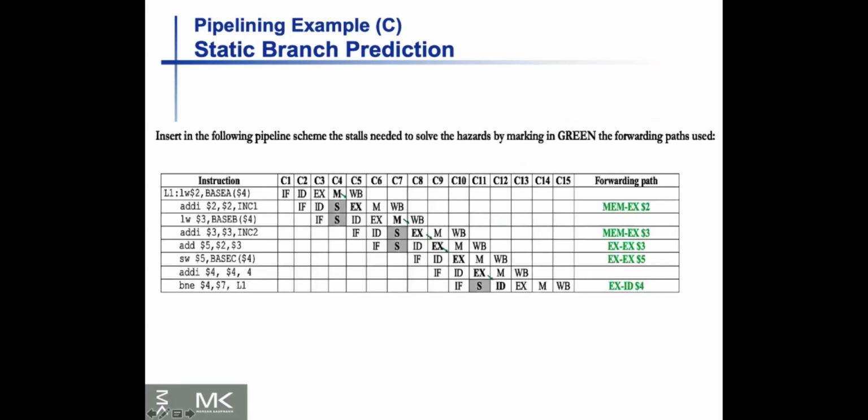For sure it does, because at this point now, the execution, which was the outcome of the branch, right? Could be determined right away to come back to L1, right? And the same as stalls are also there because of the data hazards, but at $4 and then $3 and $5, 2 and 3, right?